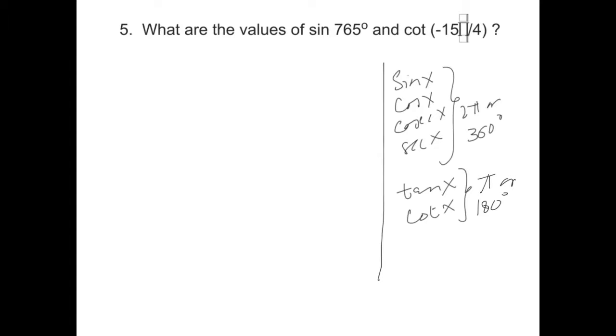That is, the value of sin x, cos x, cosec x or sec x would be the same if we add any integer multiple of 2 pi to x. And likewise, the value of tan x and cot x would be the same if we add any integer multiple of pi to x.